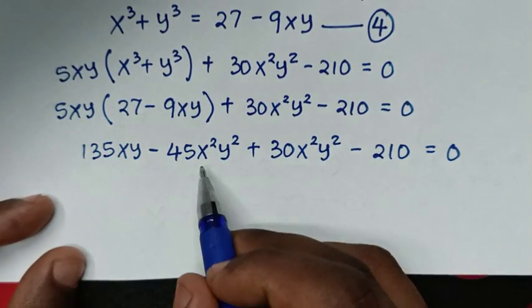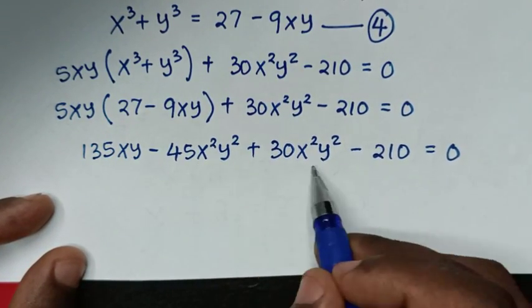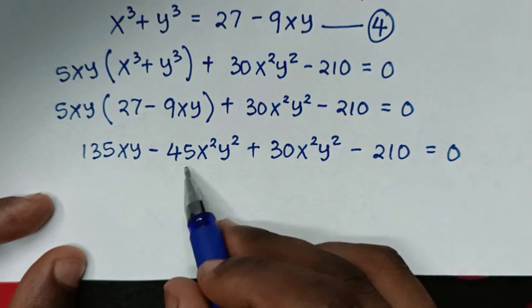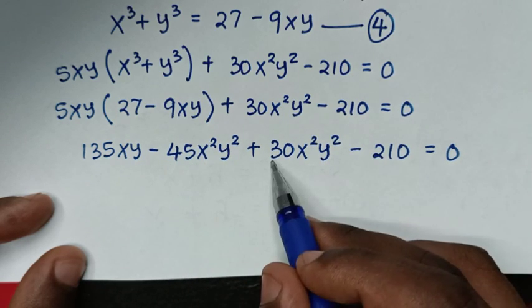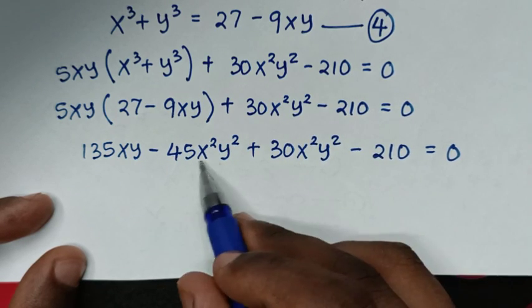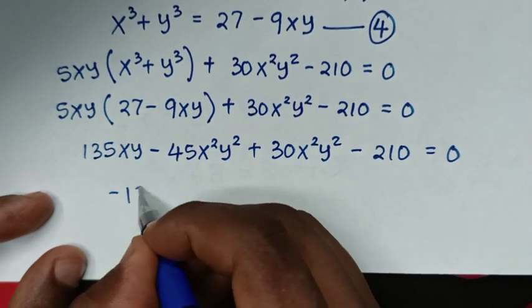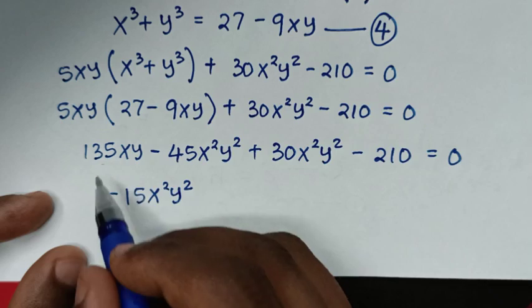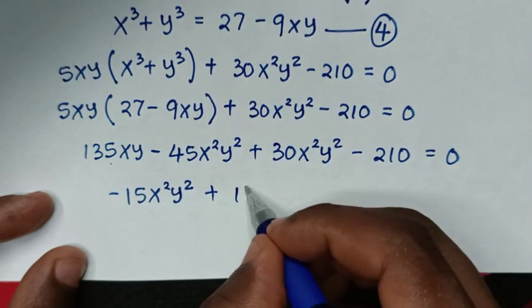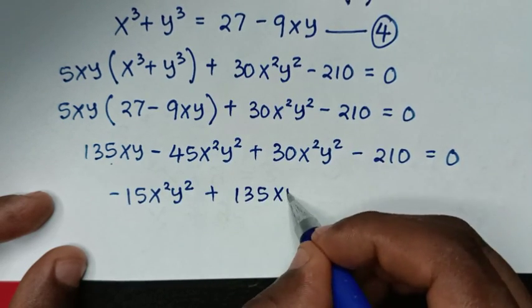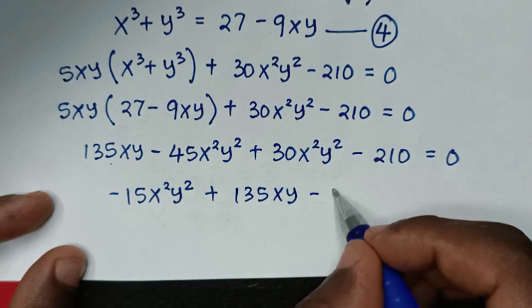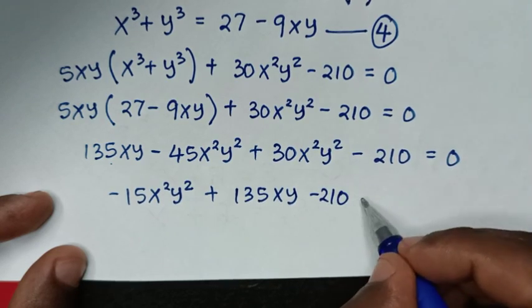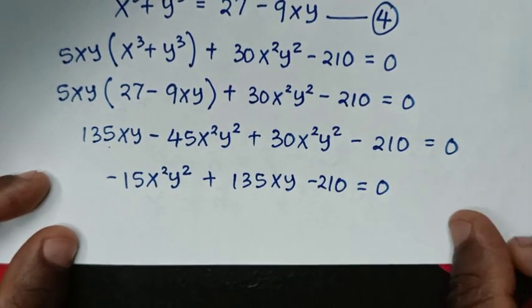Then we start with x square y square: negative 45 plus 30 gives negative 15x square y square. Then this is plus 135xy, then minus 210 is equal to 0.